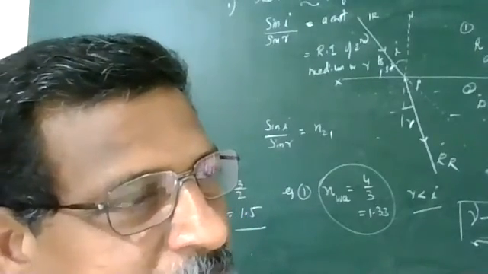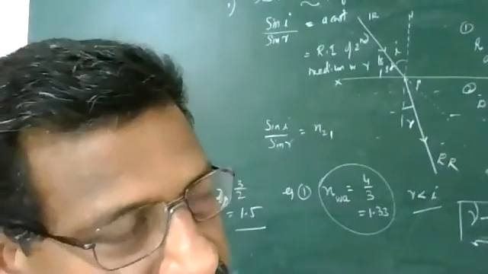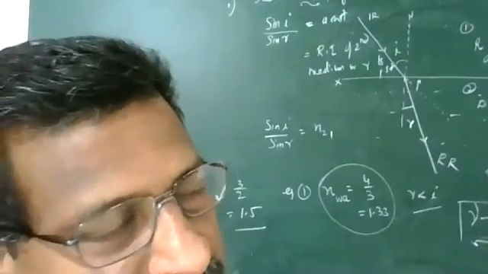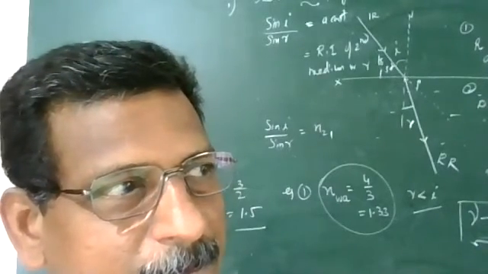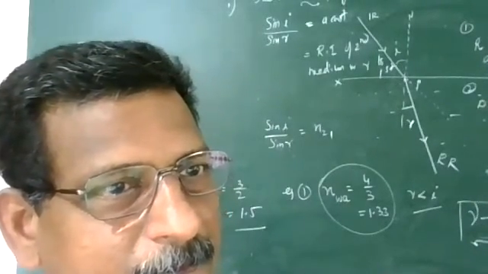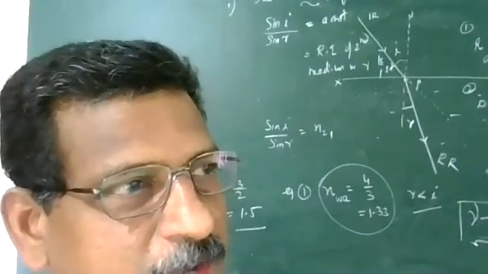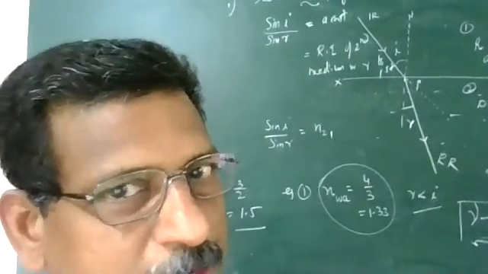The question is like this. Light is coming from air to water and light is also coming from air to glass. In which medium will light have more velocity, in water or glass, and why?